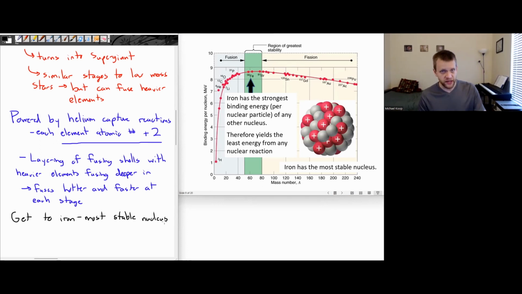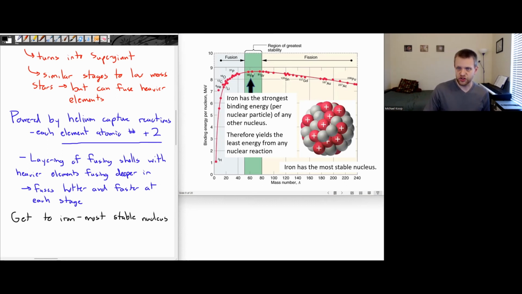And that's a problem because if we want to generate thermal pressure via a fusion reaction or via some kind of nuclear reaction, with iron, that's a problem because if it is stable, it will not give up any energy through a nuclear reaction.